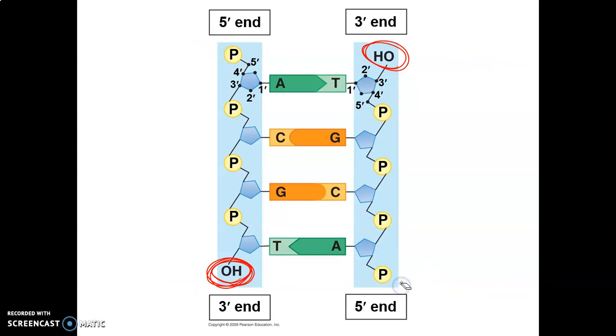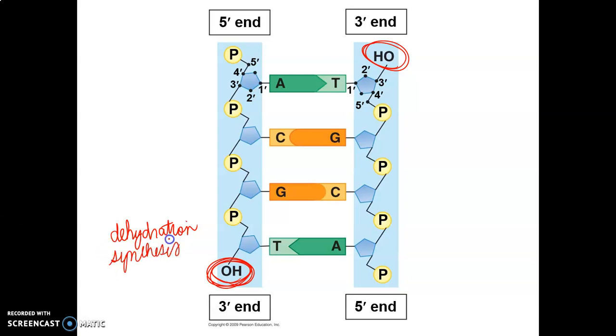But if you remember, when we are building macromolecules, putting things together, what type of reaction does that? We said the type of reaction is called dehydration synthesis. Right? Some of you are currently having flashbacks to biochem.